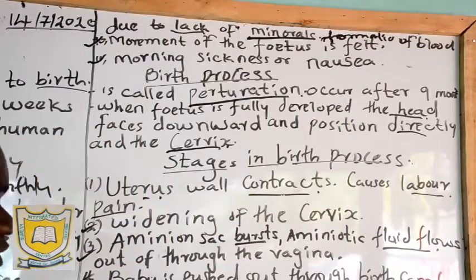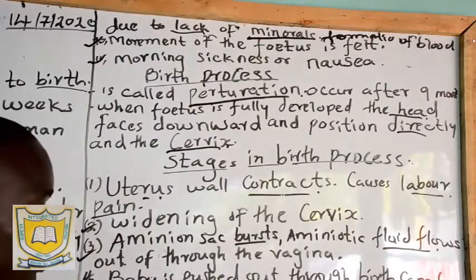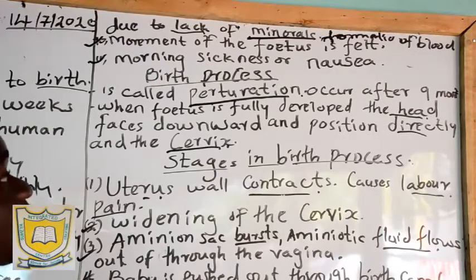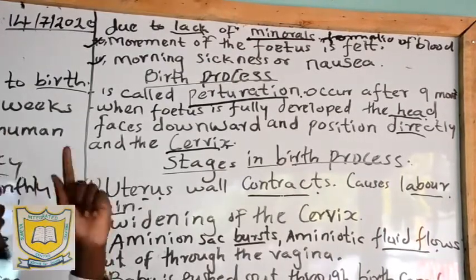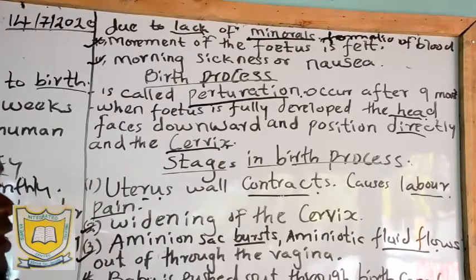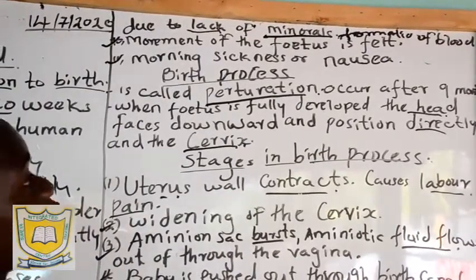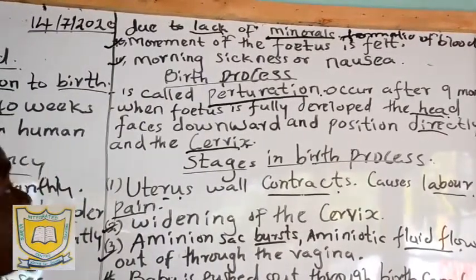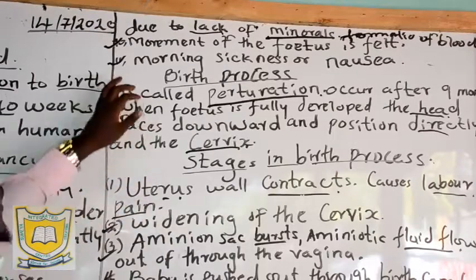A fetus has to develop bones, and the mother has to give enough minerals so that the baby can develop strong bones. If that does not occur, the baby will come outside with weaker bones, and the blood will not be that good.